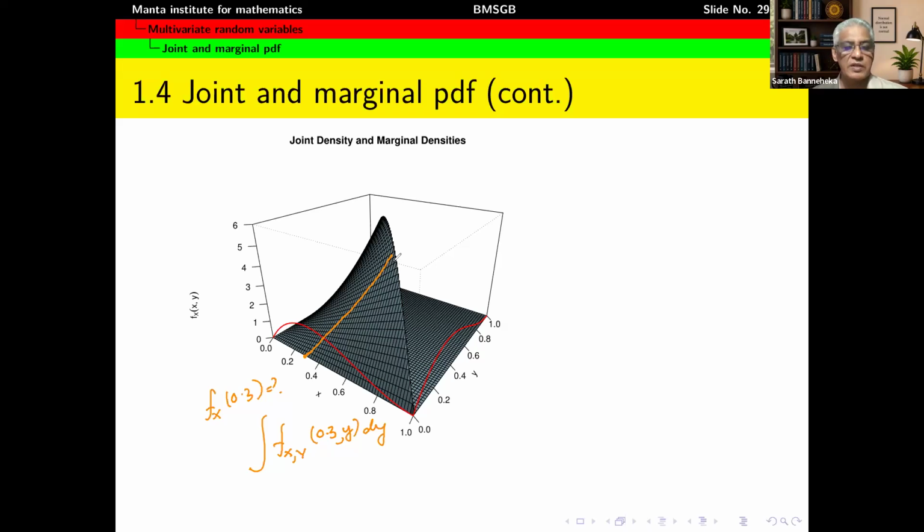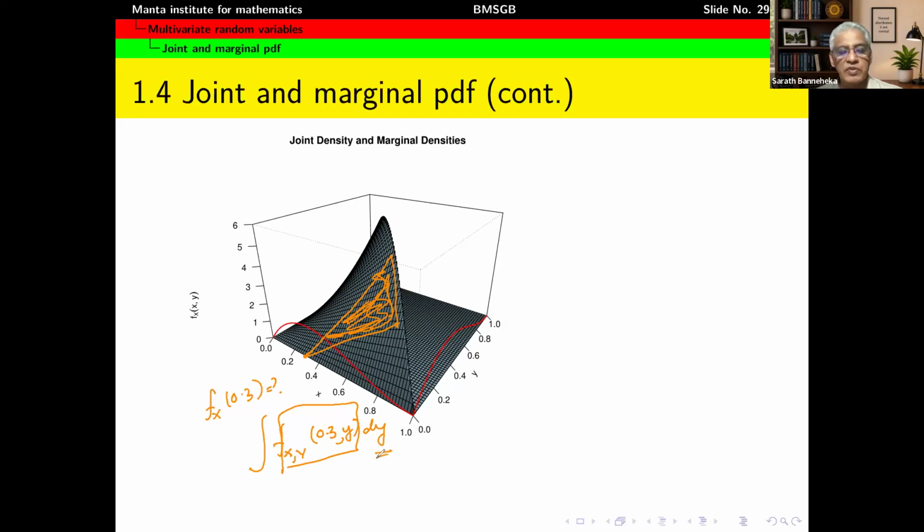That is the curve given by fxy(0.3, y), and thereby there will be a certain area. This is the line on the floor here. So you will see this kind of area, and then you have to get that area by integrating this function. That will give you the area under this curve.